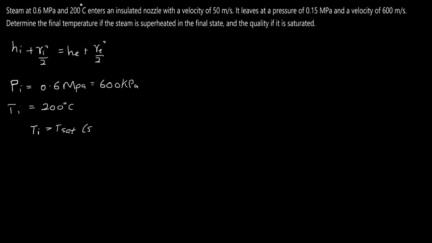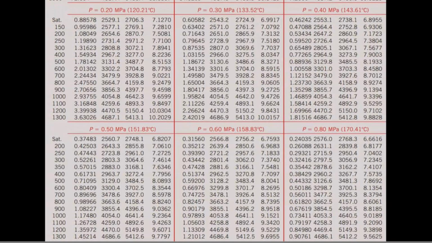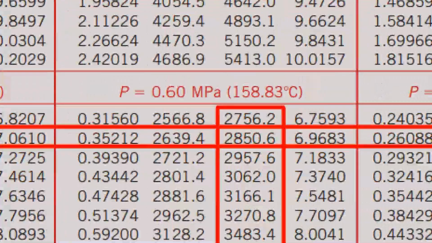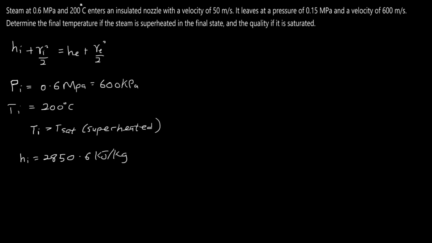This means our steam is superheated. From our superheated steam tables, we see that the enthalpy of steam at 0.6 megapascals and 200 degrees Celsius is 2850.6 kilojoules per kg.